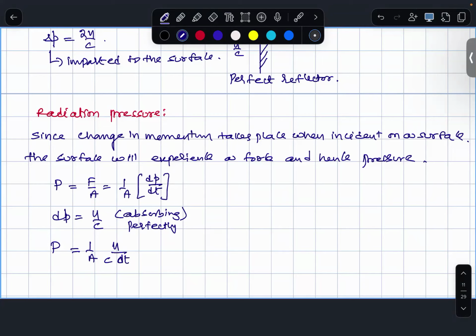Have you heard this anywhere? U by A dt is intensity.